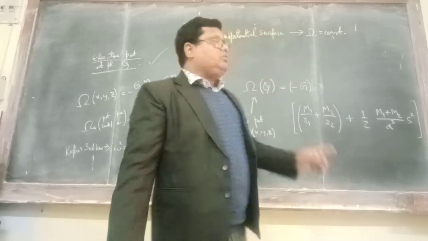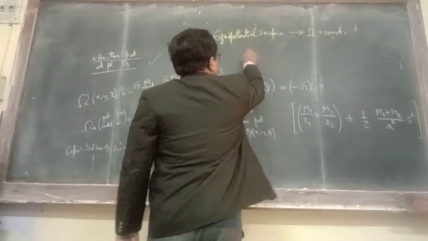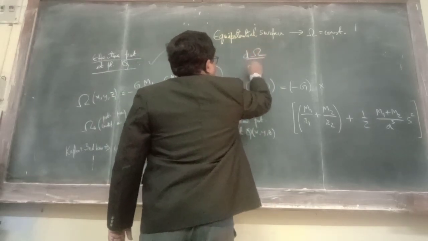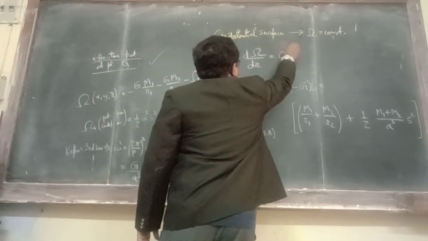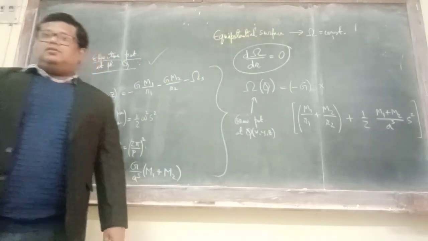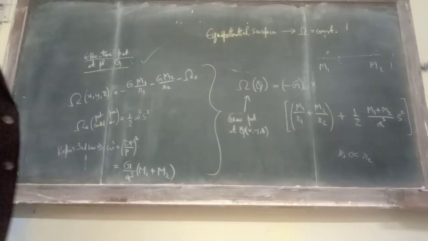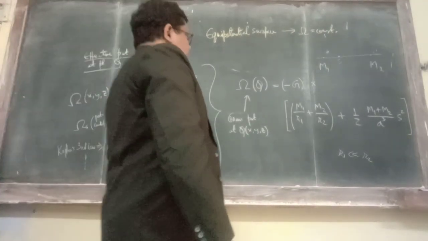Why don't you put the condition d omega by dr equal to 0? Try to find it. Do this.